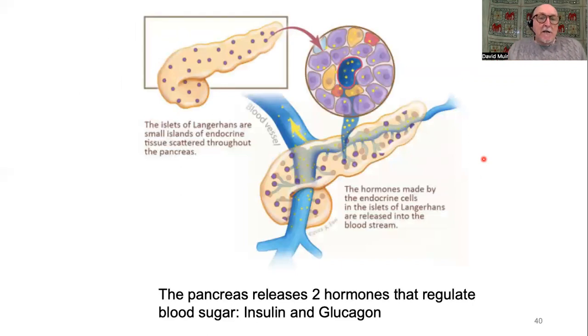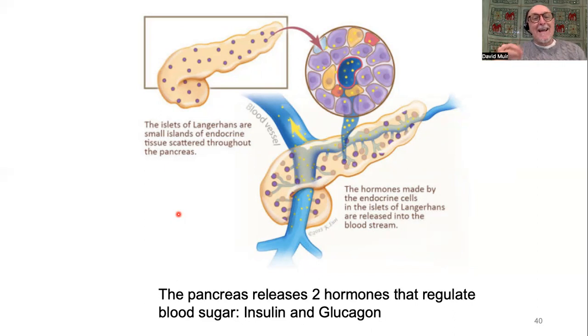And this is largely the responsibility of the pancreas. And the pancreas is a very complex organ with many different responsibilities. It is both an exocrine gland, that is, it produces digestive fluids, such as we've heard of, that go into the lumen of the intestine.